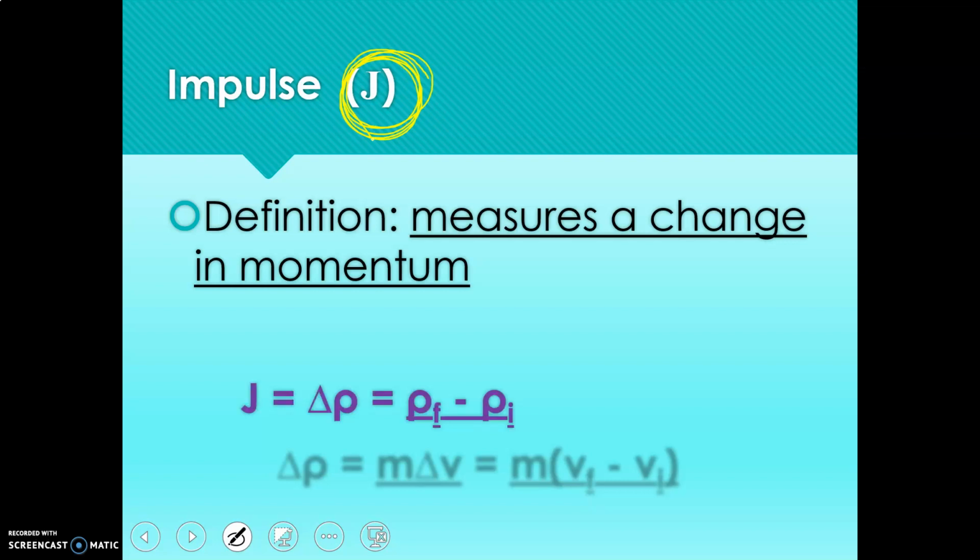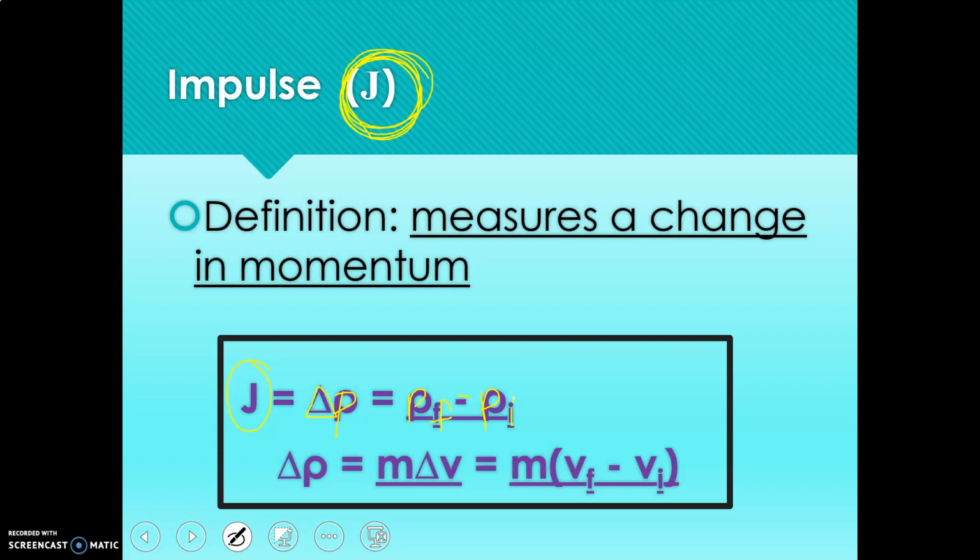The equation for impulse, remember, J is impulse, is equal to the change in momentum. So again, that change, that delta symbol, in momentum, P. So that's equal to the final momentum, PF, minus the initial momentum, PI.